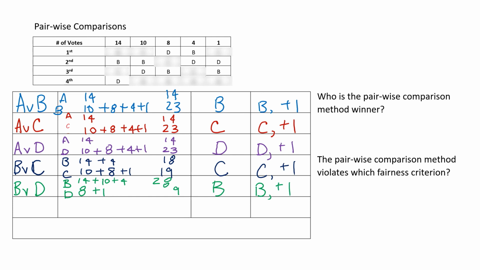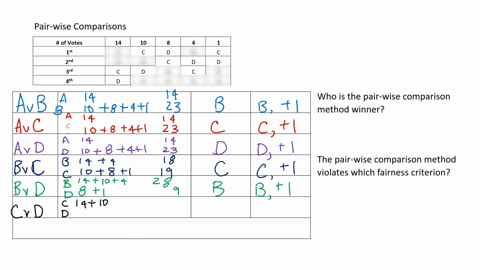And we've got one final pairwise comparison left to do. So let's do C versus D. C versus D. On the first ballot, C wins. It's all 14. On the second ballot, C wins again. C gets all 10.